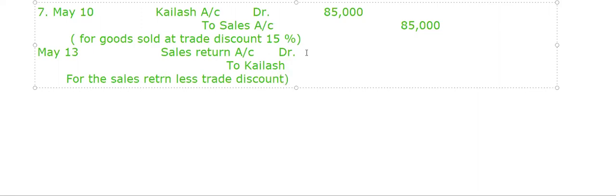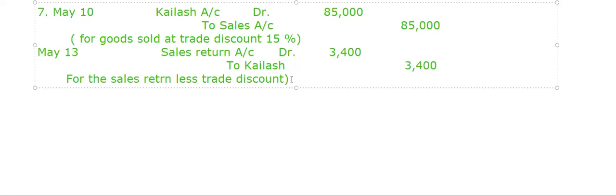We know very well the sales return is of 4,000, less 15%. 15% of 4,000 will be 600 rupees. It means the sales return is 3,400, and it is returned to Kailash. So Kailash account will be credited with 3,400.